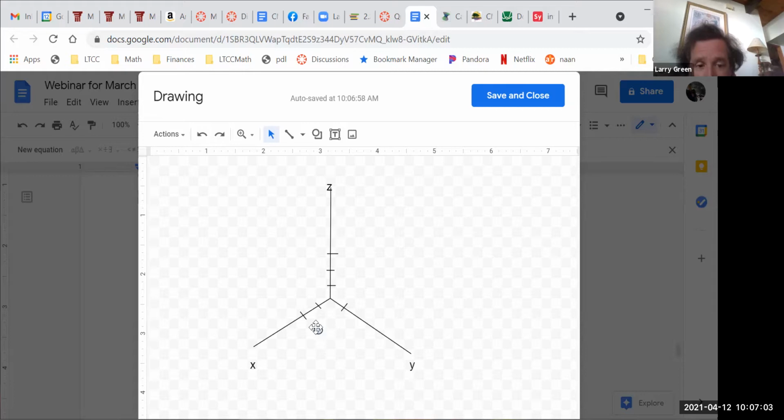Now I'm going to take that shadow. I'm going to walk up 3 units up the z-axis. That doesn't go all the way to here because we're starting here and we go 1, 2, 3, and it's going to be right around here. So let's draw that if it lets me.